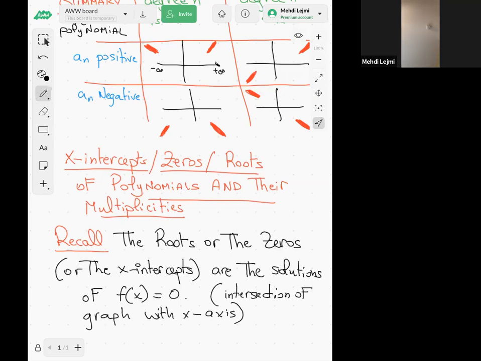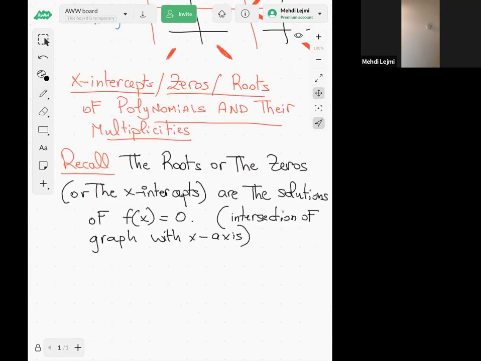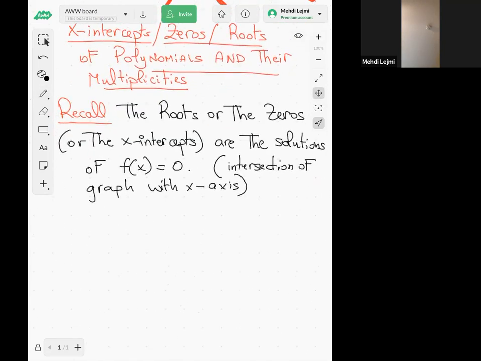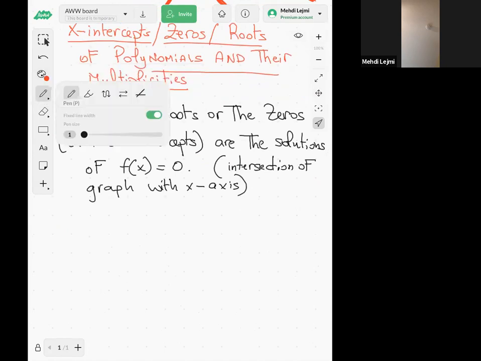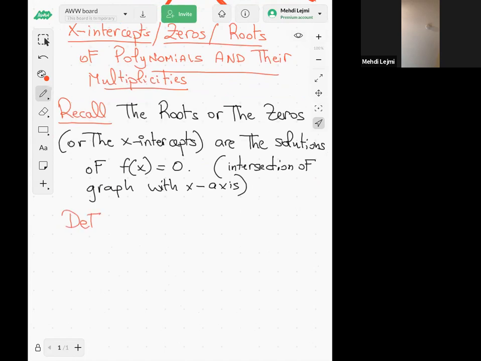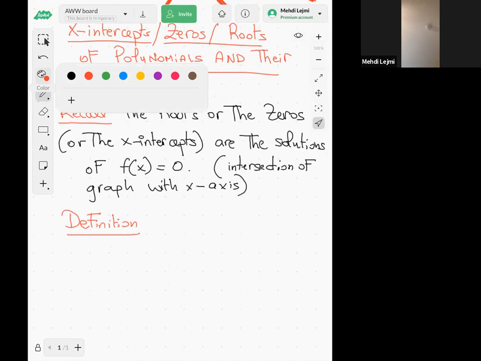Now, we need the x-intercepts, or zeros or roots, and we need their multiplicities. So what's the multiplicity of an x-intercept or a root? So, definition.